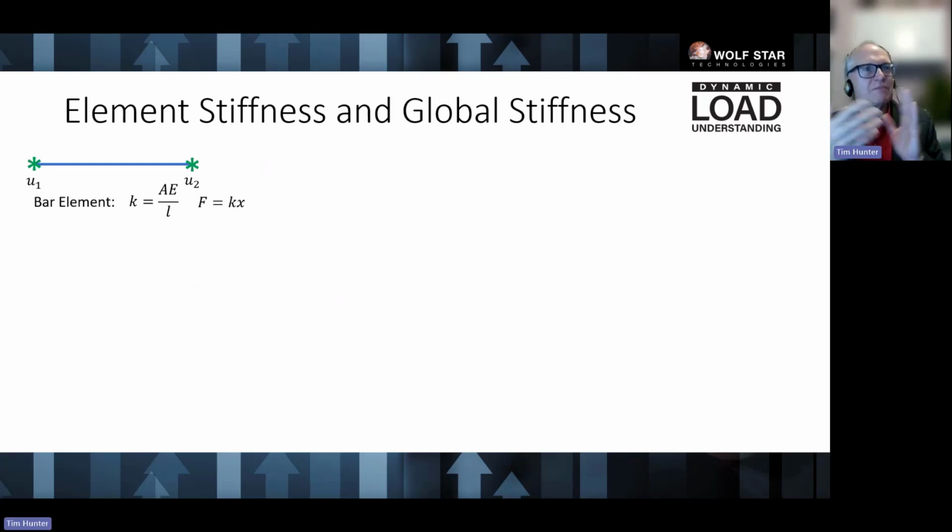One more thing about the basics here is that finite elements is really about stiffness, right? You've got a basic bar element here, a bar element connecting node 1 to node 2, and its stiffness is going to be AE over L, right? Engineering 101. It's the cross-sectional area, A, times the modulus of elasticity, E, divided by the length, L, the distance between the two nodes. That's the stiffness.